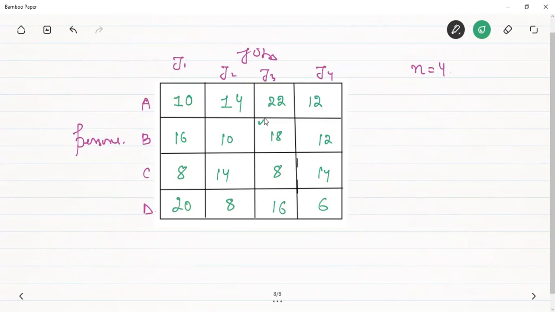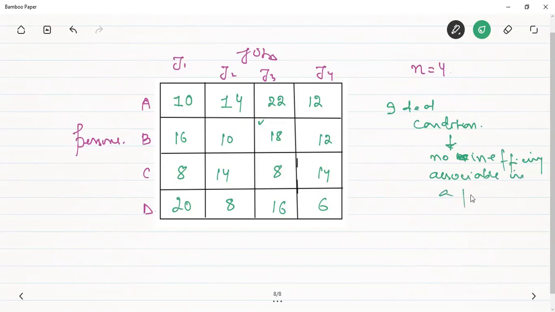The ideal condition for the company would have been that there is no inefficiency associated in a person doing a particular job.